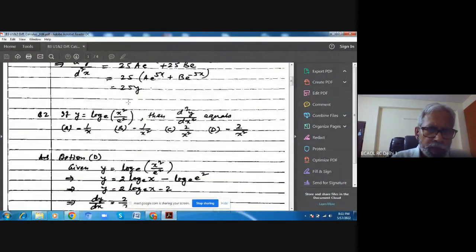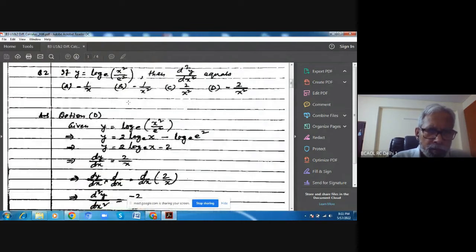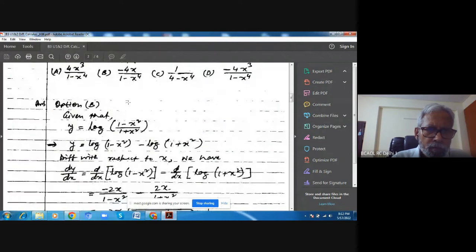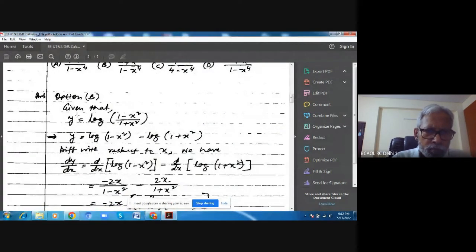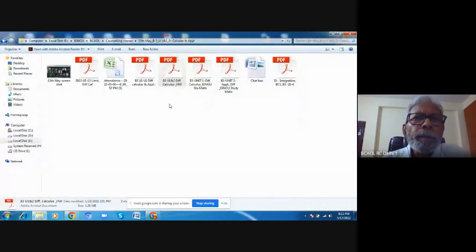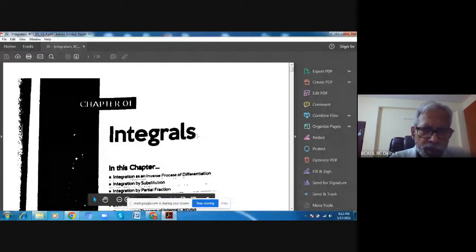Simply dy by dx, log. Here at your dy by dx, this formula is there in the log formula. Yeah, that is the formula that I've given.